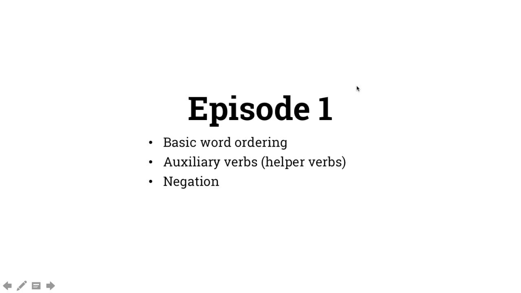For this first episode, I will talk about basic word ordering, auxiliary verbs or helper verbs, and I will return to what those are if you don't remember, and negation. At the end of each segment, I will summarize the differences from English.